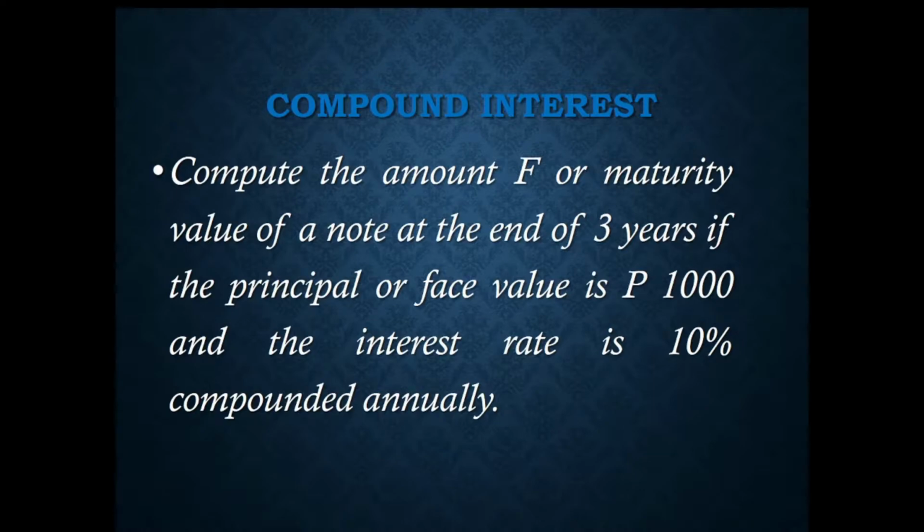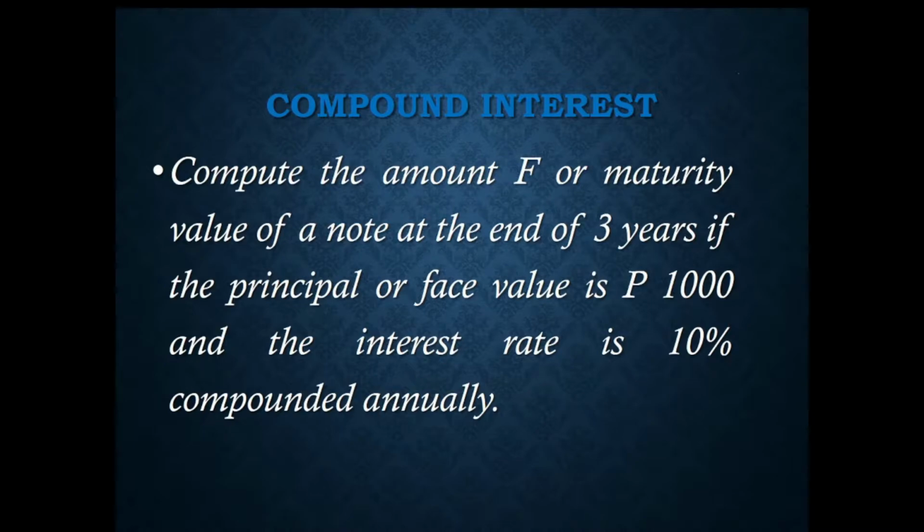Okay, so an example of a word problem involving compound interest is what's shown here on the screen. You're asked to compute the amount F or maturity value of a note. Usually it would be an amount borrowed or an amount that was lent to a certain person or institution, and in this case there will still be a unit of time.